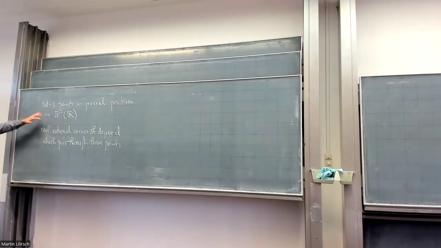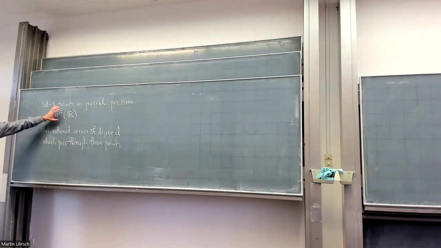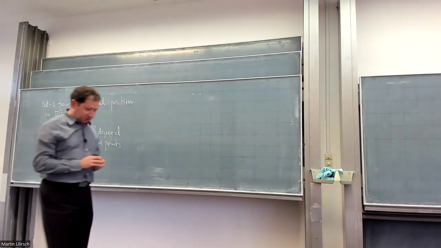If we were in the complex situation, you can replace R by C here, or you can keep this setting but look at not just real rational curves, but complex rational curves of degree d passing through my points. So let's fix it now.